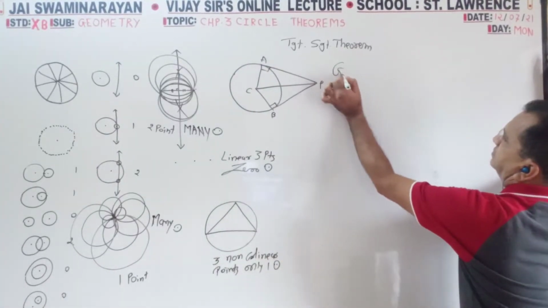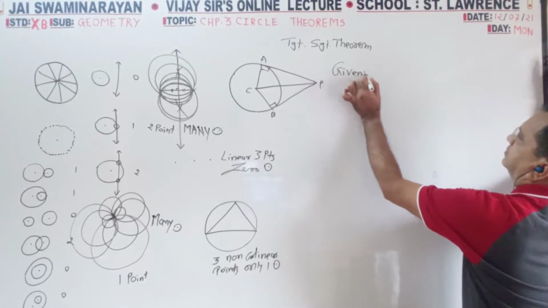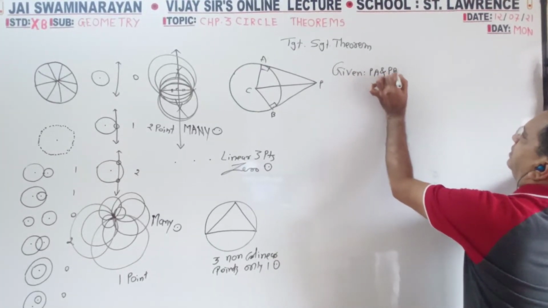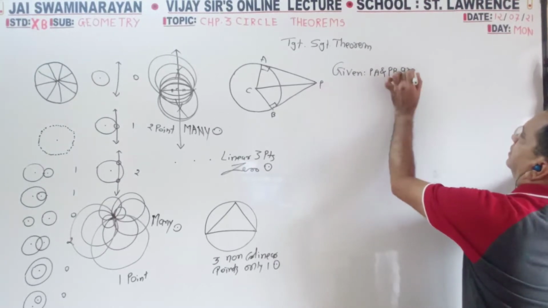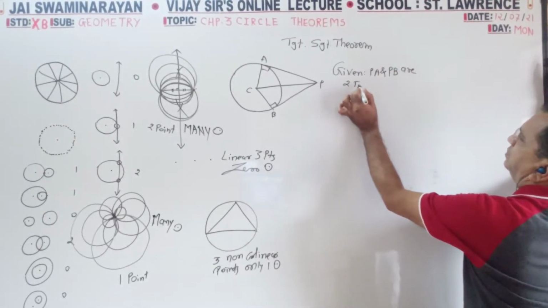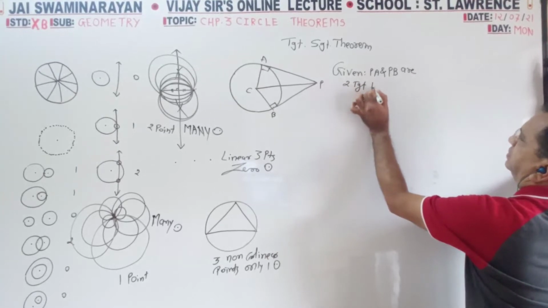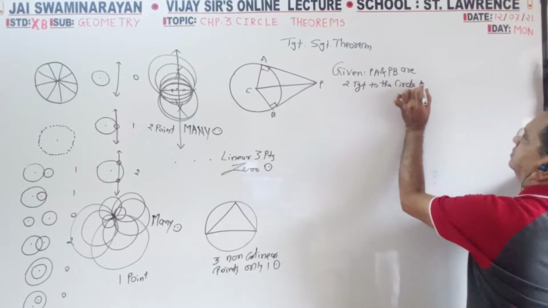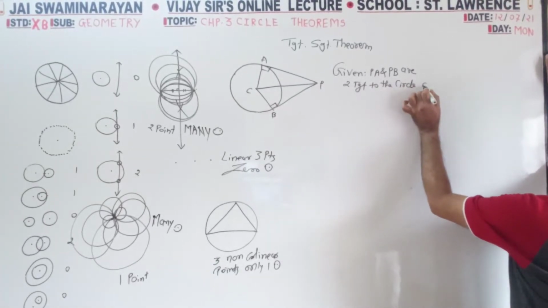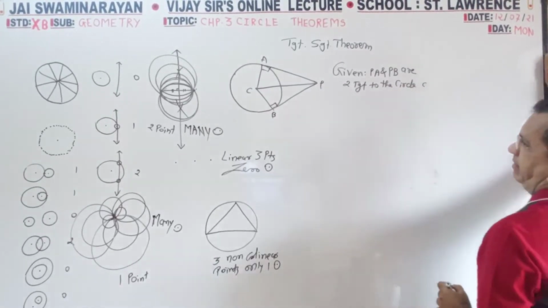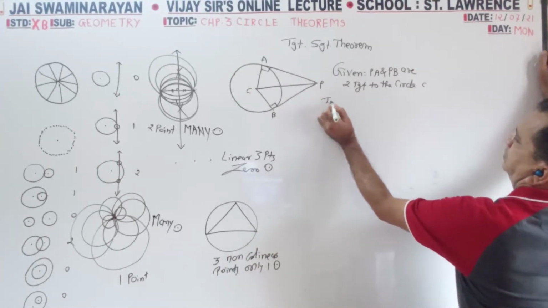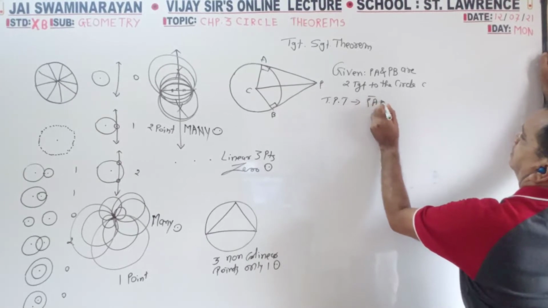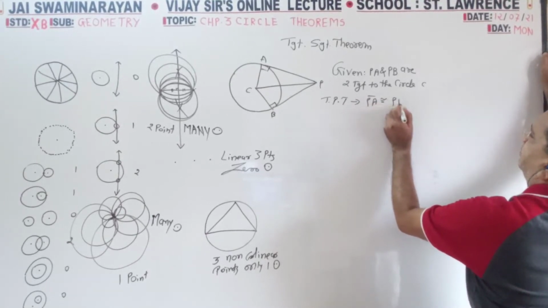Given: PA and PB are two tangents to the circle with center C. To prove that PA equals PB.